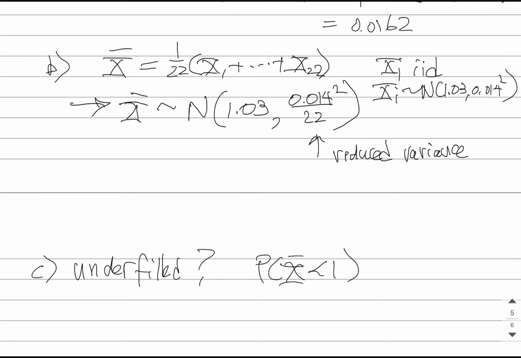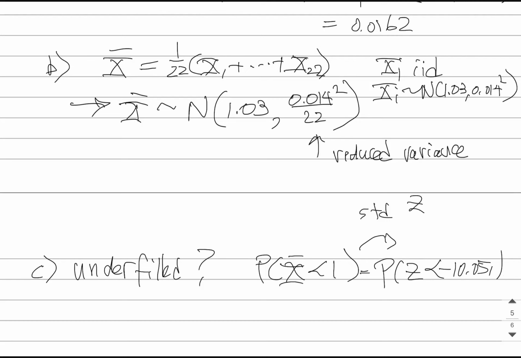So in the probability that the average would be underfilled, you could think of this in terms of standardization. I'm just going to show this to you in terms of standardization to try to drive the point home. If we were to standardize this, we would get the Z value being less than negative 10.051.